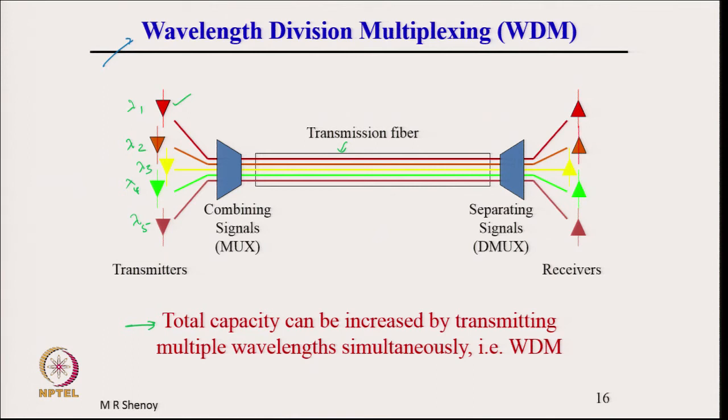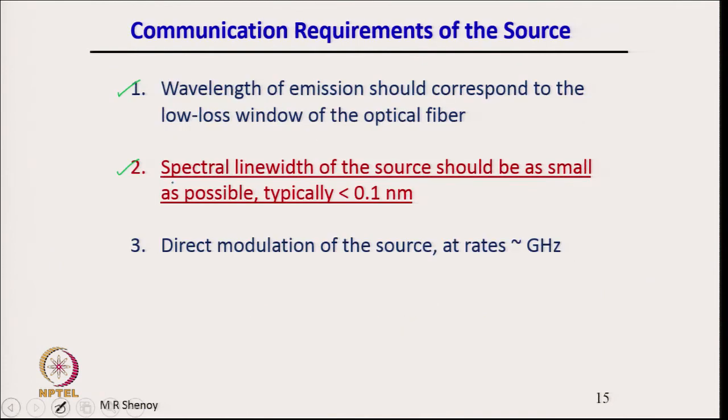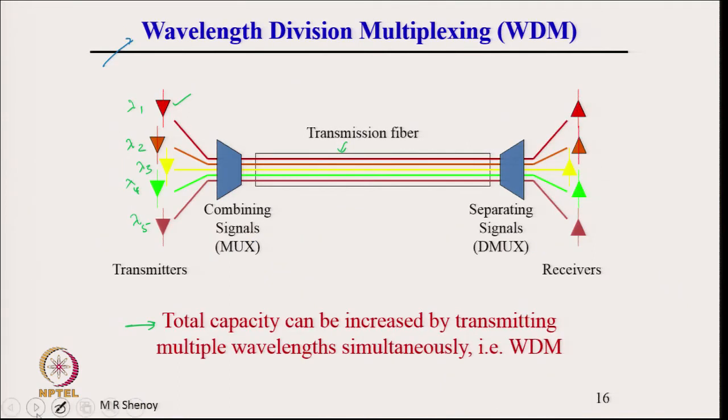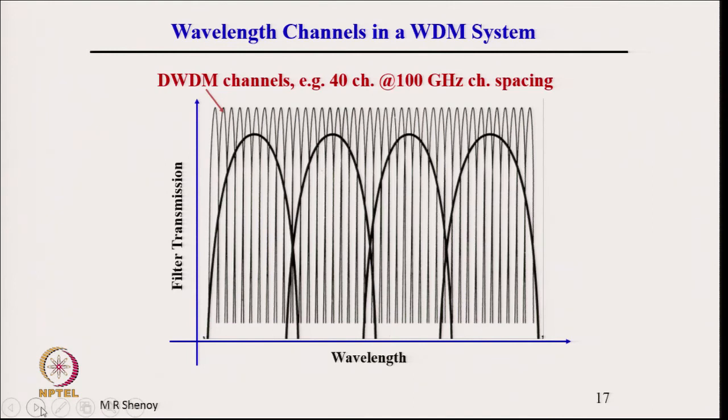Now, how does this correspond to point 2 here, which says the line width of the source should be very small? Let us discuss this. What I am showing is the low loss window centered around 1550 nanometers. If we want to pack in a large number of closely separated wavelengths, that is what is shown here.